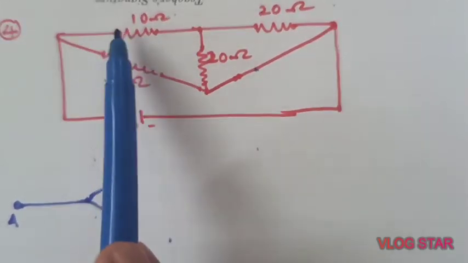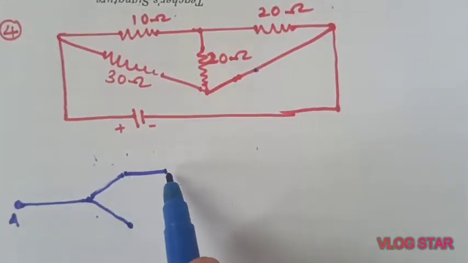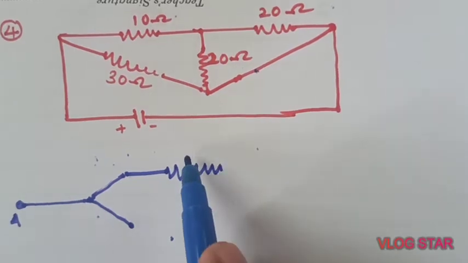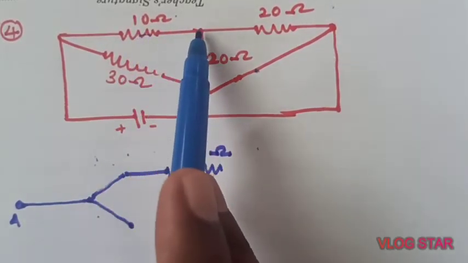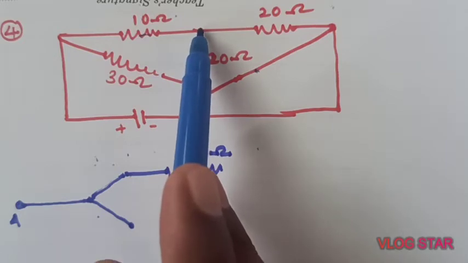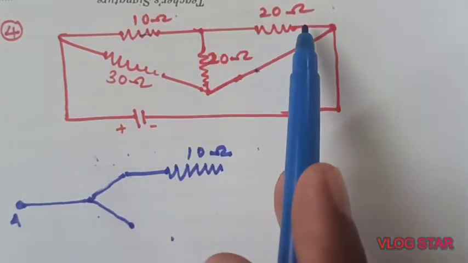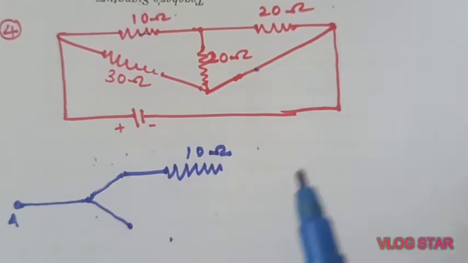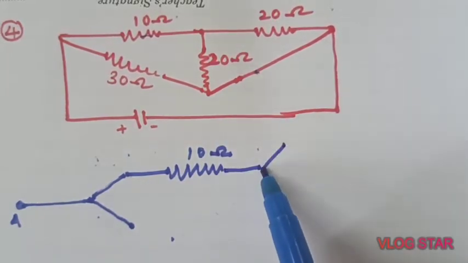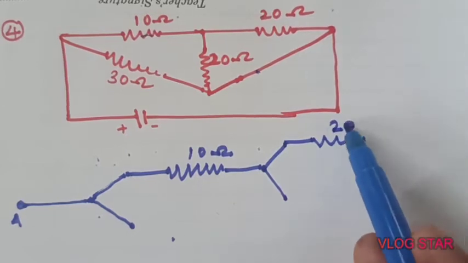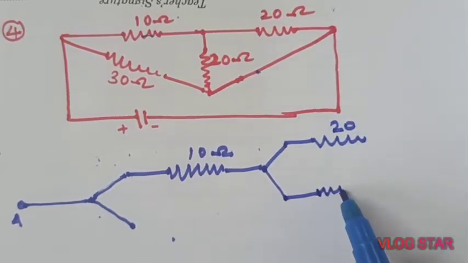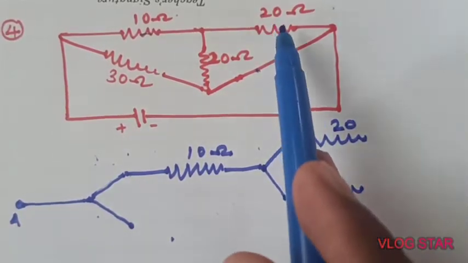In that first branch I got one resistance of 10 ohm. I reached this point, and over there again I found two branches. One is straight and the second is like this. Look here. One is 20 and the second is again 20.